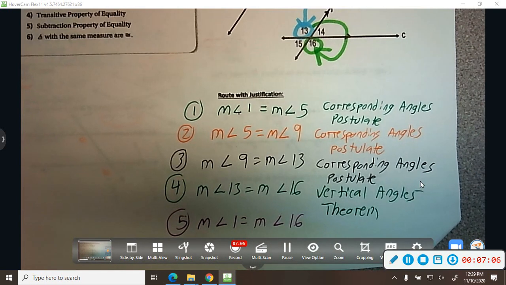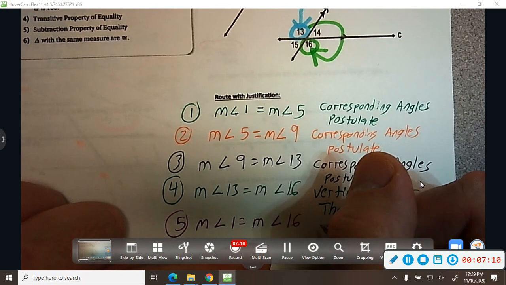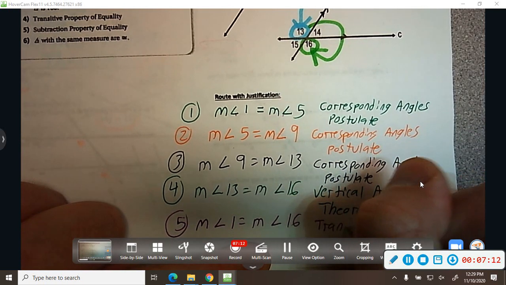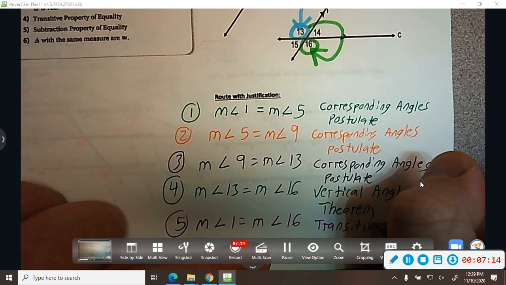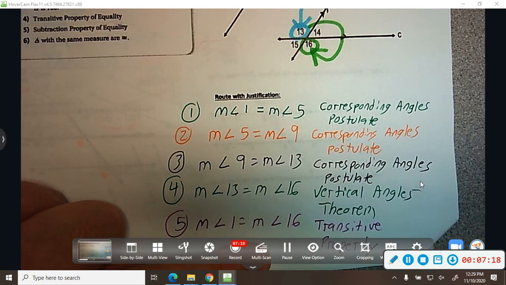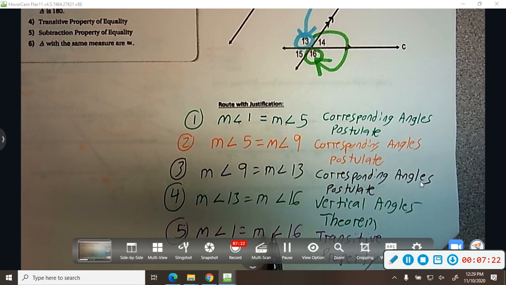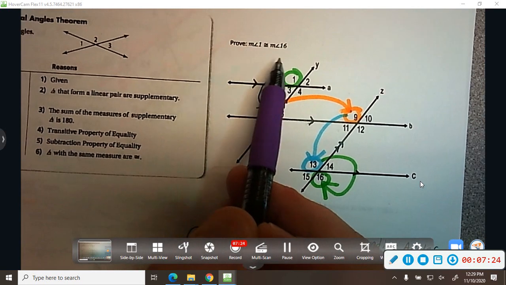And a property that says you could do that is called the transitive property. Looking above, I have 1 is equal to 16, which is what they wanted me to show.